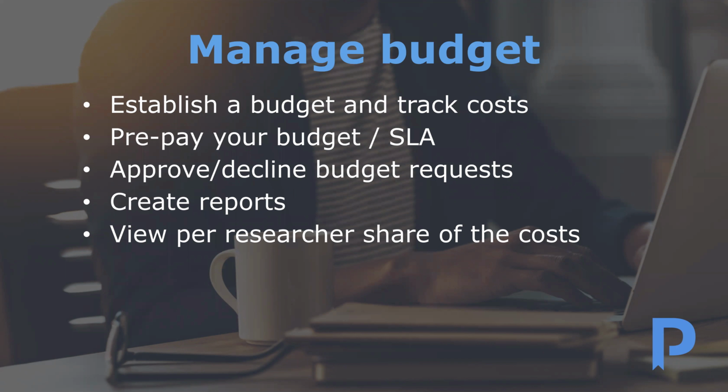Then you will see all the incoming budget requests from your researchers who are publishing requests on Peerwith, and you will be able to either accept or decline them. As a result, you will be able to see the reports and an overview of how much money per researcher is spent, and what the efficiency of the whole process is.